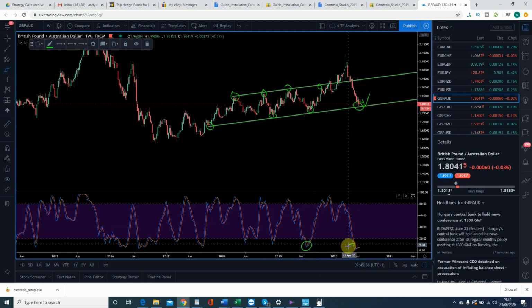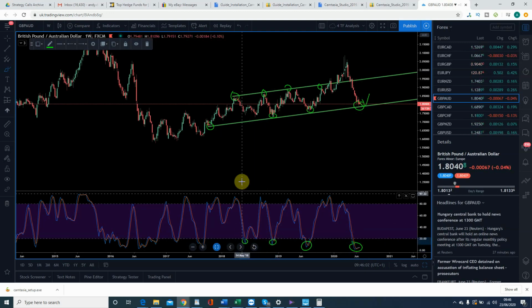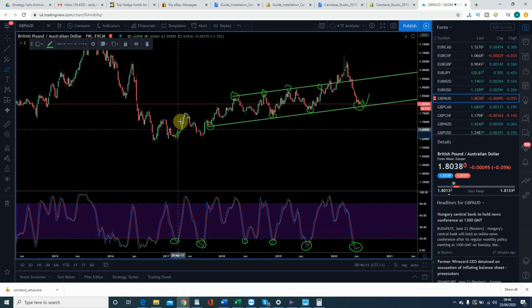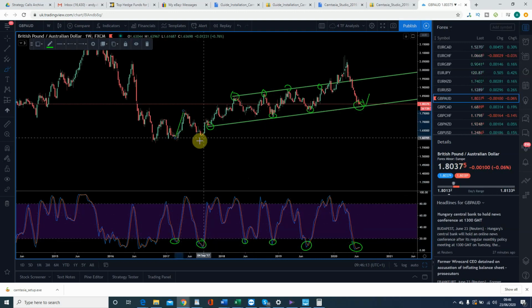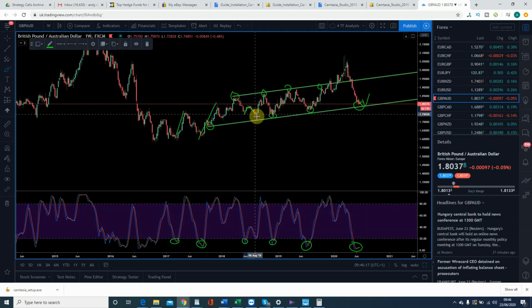with our stochastic RSI, which you can see from past movements tends to be quite a good signal. So you can see from the past, this market does generally like to go up off the back of it being oversold there.